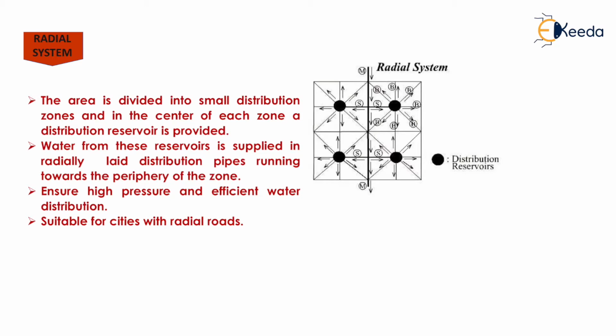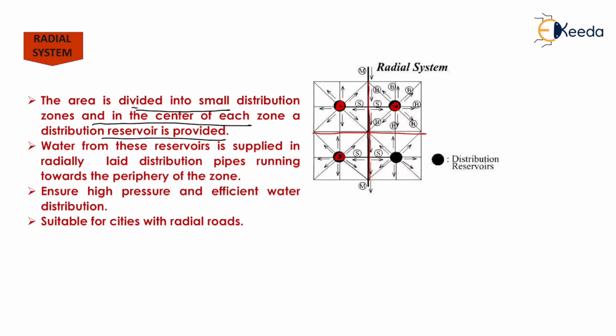Now the area is divided into small distribution zones, and in the center of each zone a distribution reservoir is provided. Now suppose that this whole area we need to cover. We divide this whole area into a number of zones, like this, and in each zone we construct a storage reservoir.